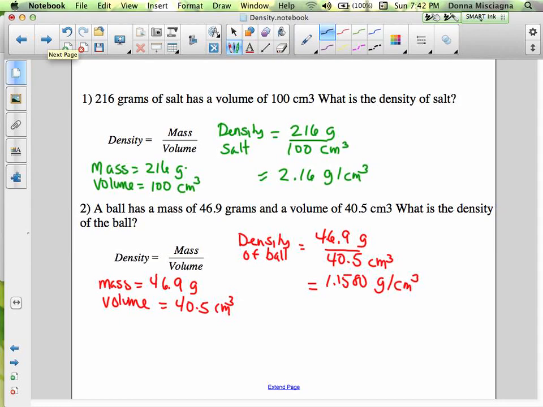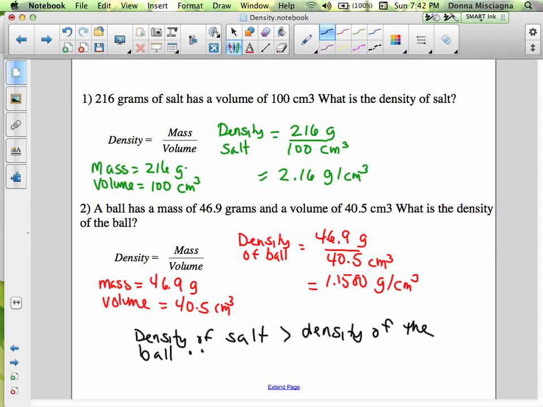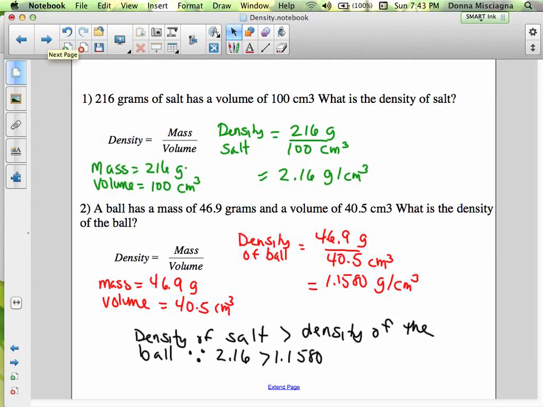But once you change to density, you can see that the density of the salt is greater than the density of the ball, because, here's my symbol for because, 2.16 is greater than 1.1580. Whichever has the greater number has the greater density.